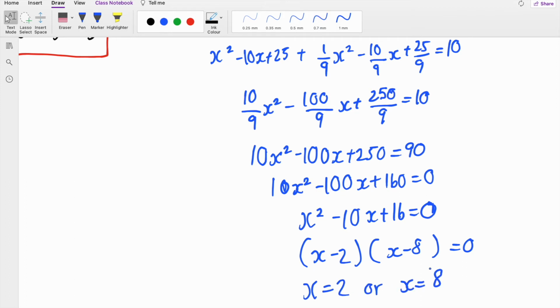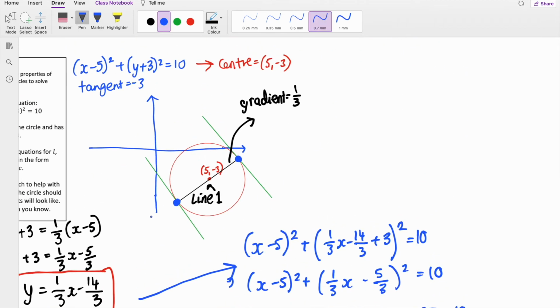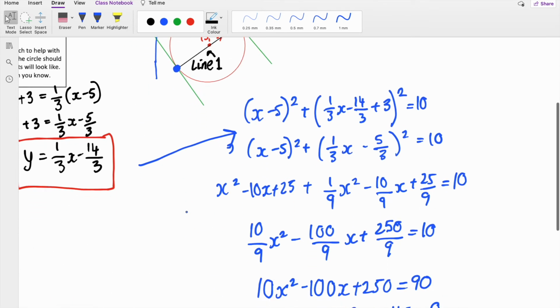Okay, so I know that x equals 2 and x equals 8 are my x coordinates for both points of intersection. So I now need to find the corresponding y coordinates. Then I can use that to find the equation of the two green lines.